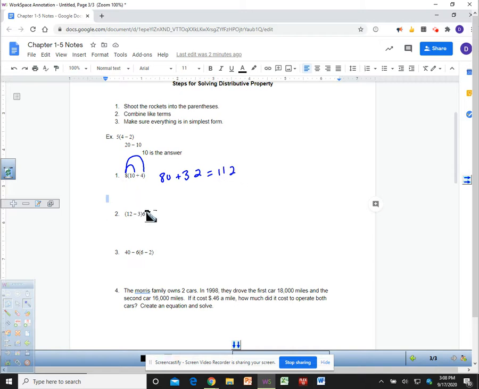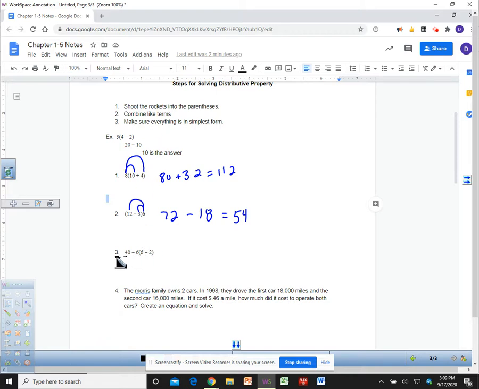And when you're shooting the rockets, it goes left and then the right side inside the parentheses. Like this one, you're going to go to the 12 first, which would be 72 minus 18, and that's going to give us a total of 54. So remember, you always go to the thing in the parentheses on the left side first, and then you go to what's on the right side.